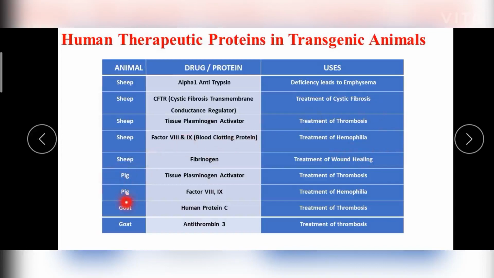And the transgenic pig is used for the production of tissue plasminogen activator and blood clotting factors 8 and 9, used for the treatment of thrombosis and hemophilia, whereas in goat, human protein C and antithrombin 3 are produced in the milk or in the blood of the transgenic goat, and used for the treatment of thrombosis. Like this, various types of therapeutic proteins can be produced in transgenic animals.